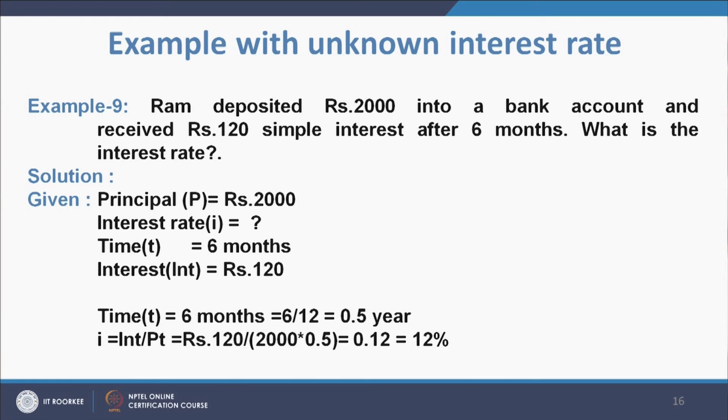Time t is 6 months, so it has to be converted into years: 6 months divided by 12, so the time period is converted to 0.5 years. Interest rate I is equal to interest earned divided by P t, which is rupees 120 divided by 2000 into 0.5. It comes out to be 0.12 and hence the interest rate is 12%.